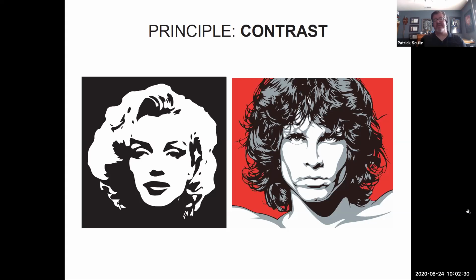Contrast is another very important principle in understanding how we see and interpret visual images. In terms of contrast, these two images side by side show a very extreme contrast. You have light versus dark, you have bold red versus black, white, and gray. Those create a very optimal contrast between the elements. So items are visually distinct from one another.